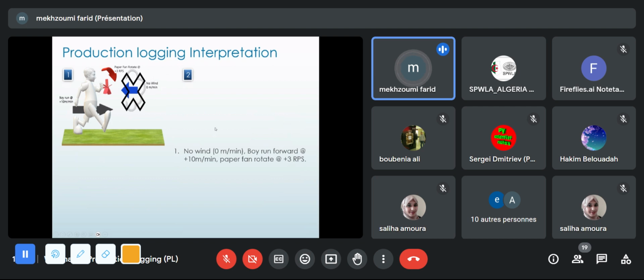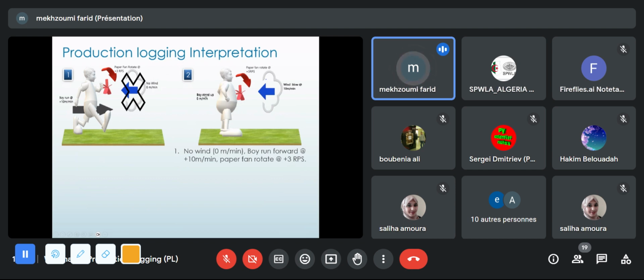Let's move to the second case. The boy wants to stop and stand, so his velocity is 0 meter per minute. But at this time there is wind blowing, airflow of 10 meter per minute. What we observe is that the paper fan rotates in the same direction, plus 3. So the boy stands still at 0 meter per minute, wind flows at 10 meter per minute, and the paper fan rotates plus 3.